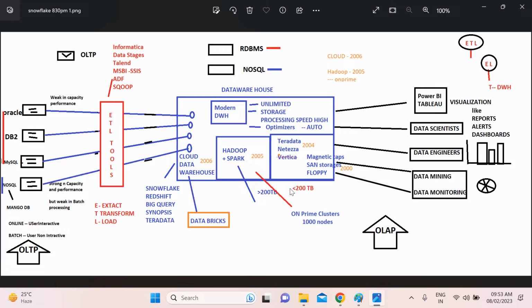Whereas the living room is a database. Everything you keep in the living room, what will happen? It will be a mess. Yes, a mess. At that time we can't even go inside the living room.